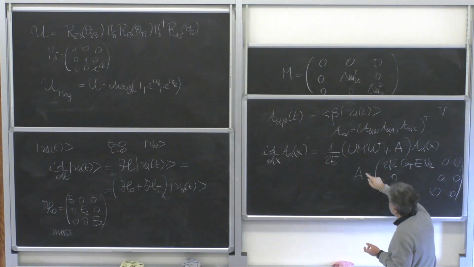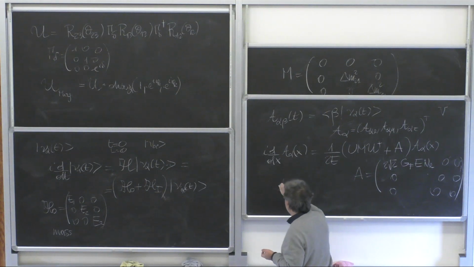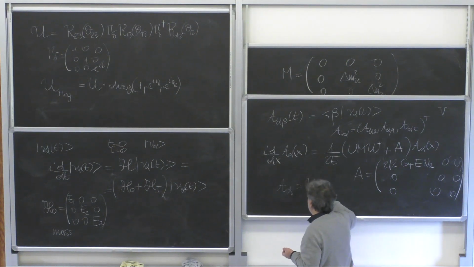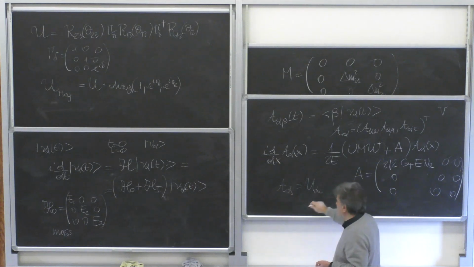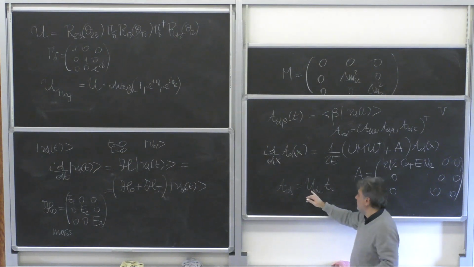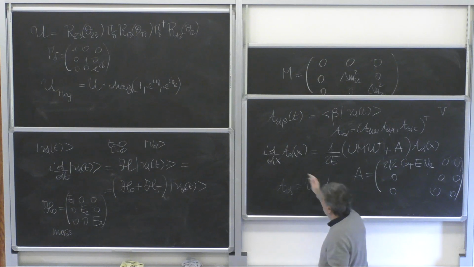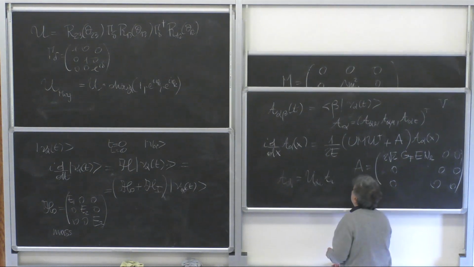The flavor components are related to the mass components by the U matrix. If you want to go from flavor to mass, you have U dagger.